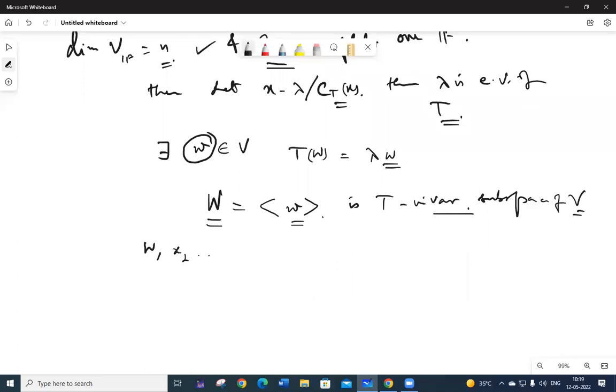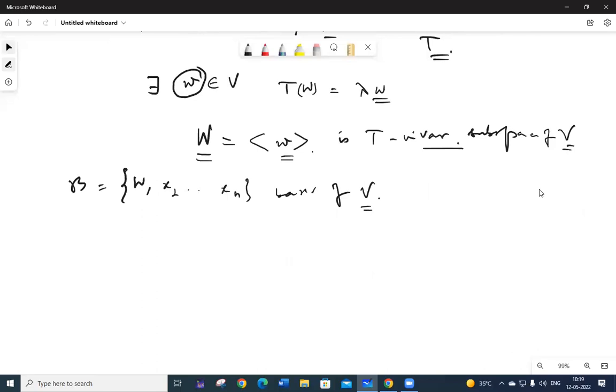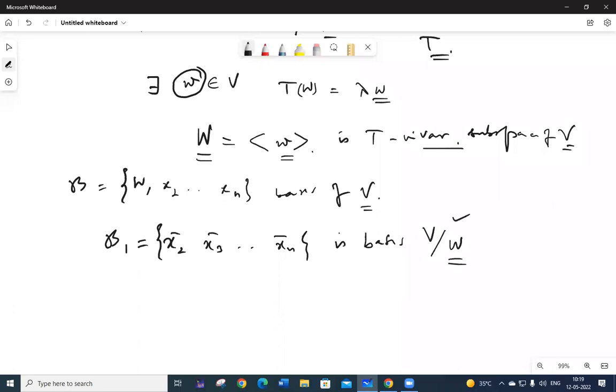And I can extend W to a basis of V also. If I just take x2, ..., xn, this is a basis of V. But then certainly if you look at x2 bar, x3 bar, ..., xn bar, which I just denote by B1, this is a basis for V by W. You can check that when we prove the dimension formula.